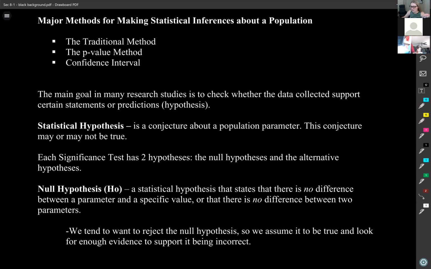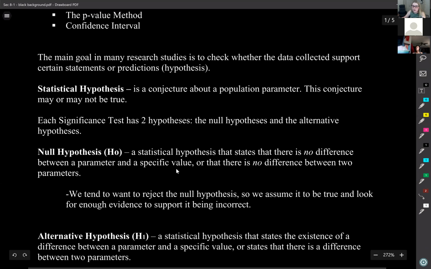Let's say that's what you're doing, and first you want to see if your data actually supports your claim or your prediction. So maybe you're predicting that 75% of people prefer that ice cream to this one, but you need to gather your data and then decide how you're going to make your conclusion, or what your decision is in terms of your hypothesis, or what you thought might happen.